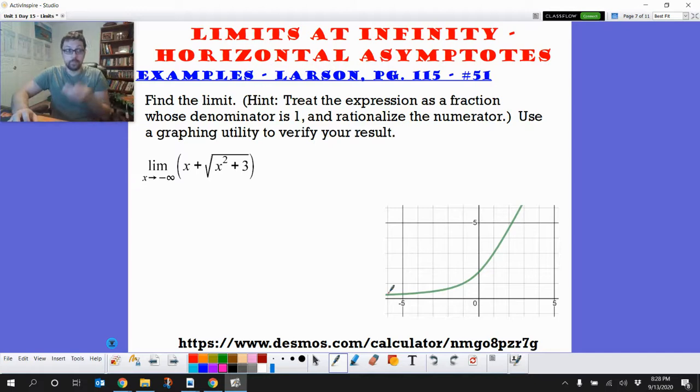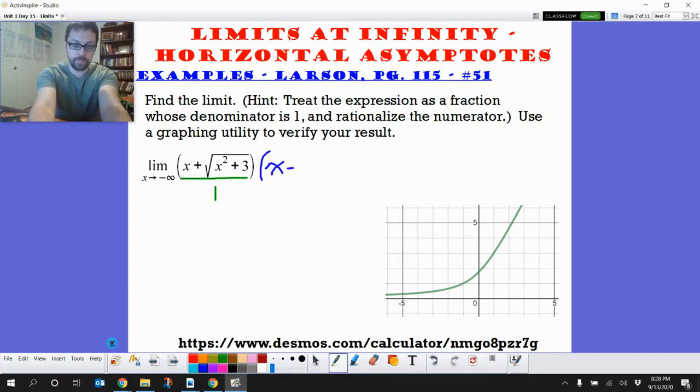So let's pretend it has a denominator of 1, and we are going to rationalize our numerator. So I'm going to copy it and replace the thing in the middle with a minus instead of a plus. Note that I didn't do that inside of the square root.